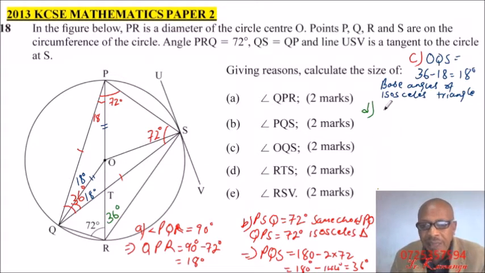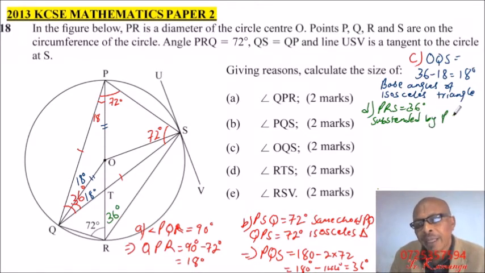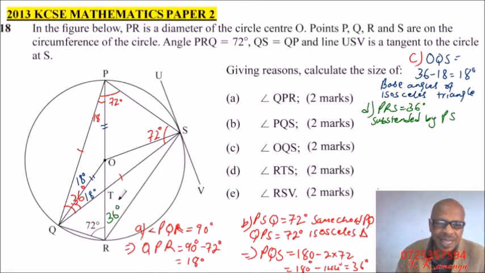We can say PRS is equal to 36 degrees. Before we go to RTS, this angle here is 18 degrees. Why? Because QR subtends this angle 18, so they are the same, subtended by the same chord.